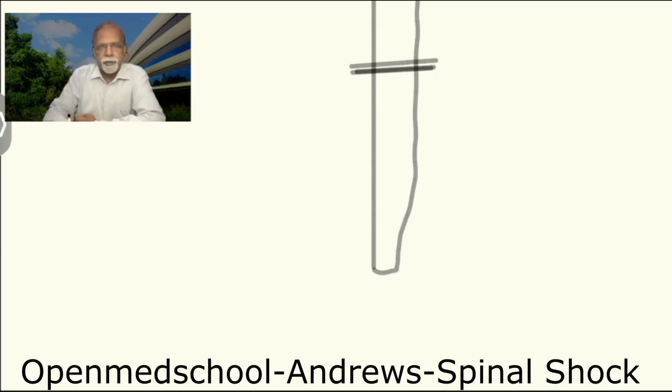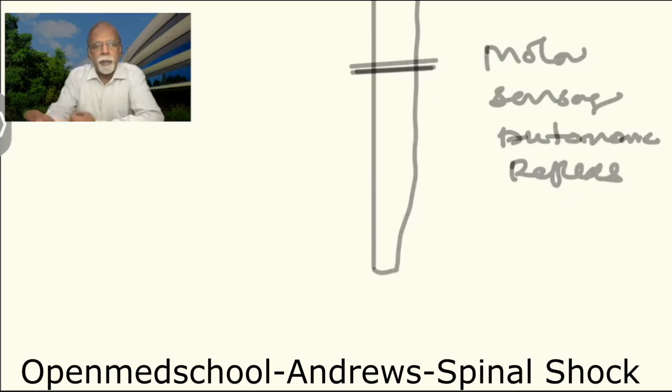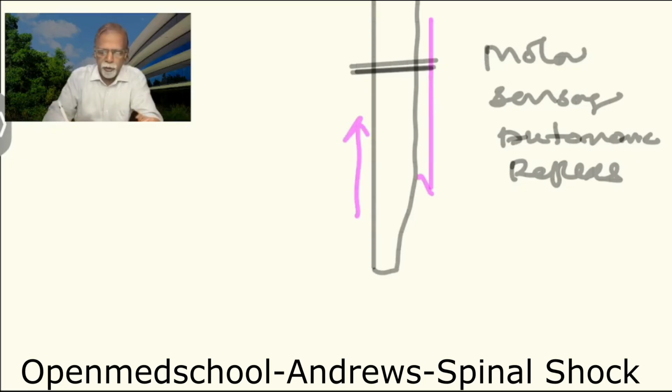all the functions, that is motor, sensory, autonomic, and reflexes, are temporarily disrupted, because the spinal cord carries the sensory impulses and also the efferent or upper motor neuron signals from above.